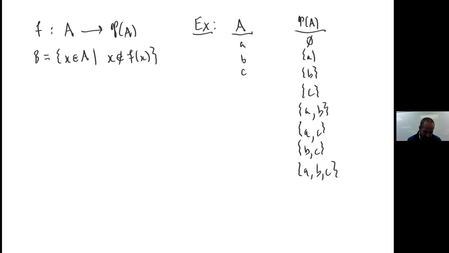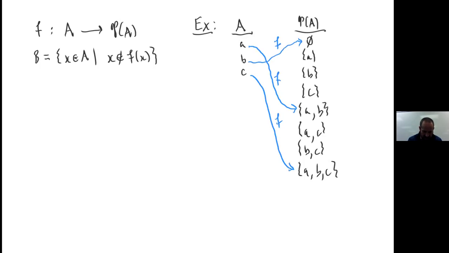Now, suppose I build this function. Suppose I build a function that does this. It takes a to this guy, so this is what my function is going to do. It takes b to the empty set. So this is what F does. And it takes c, why not, let's go down here.